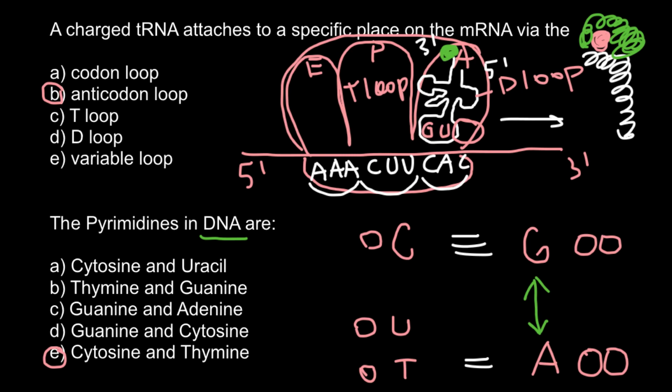And this is also true for pyrimidines. If one pyrimidine would be replaced with another one, we call such mutation transitional mutation. But if pyrimidine would be replaced with purine and vice versa, we call such mutation transversion mutation.